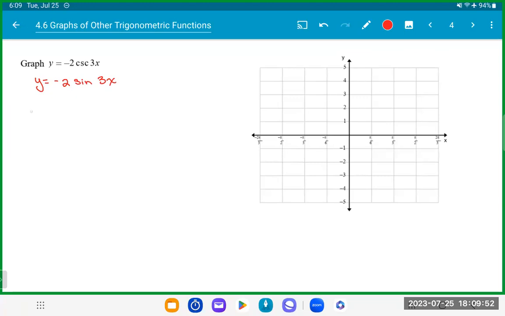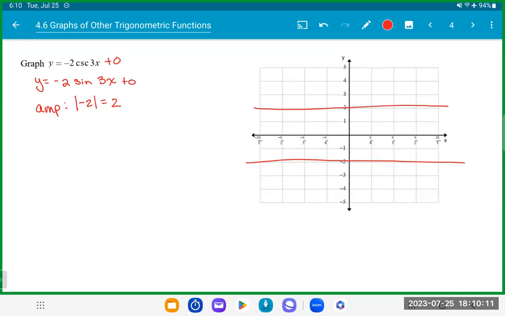So the first thing we want to do is, what is the amplitude? The amplitude is the absolute value of -2, so that amplitude is 2. What that's telling us is, if we don't have any vertical shift, which here this is +0, that means we're not shifting up or down.